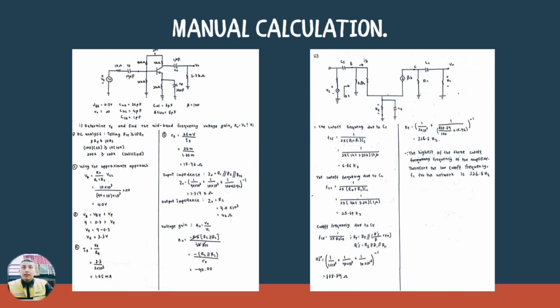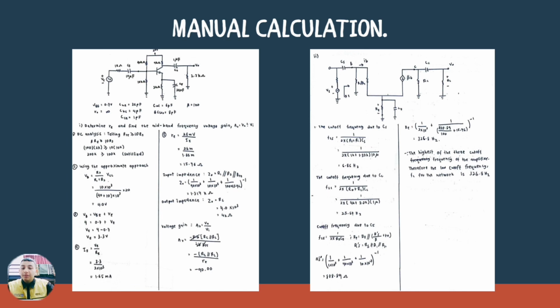Let's have a look at the next part, which is the cut-off frequency due to CS. We get 6.86 Hz, and for the cut-off frequency due to CC, you can look at the equations and the manipulation.